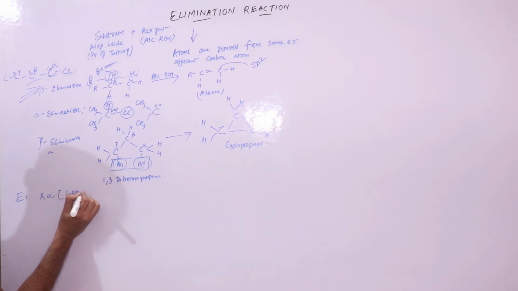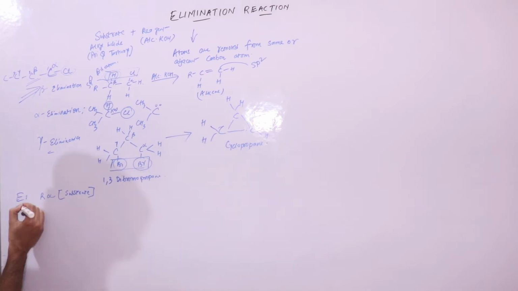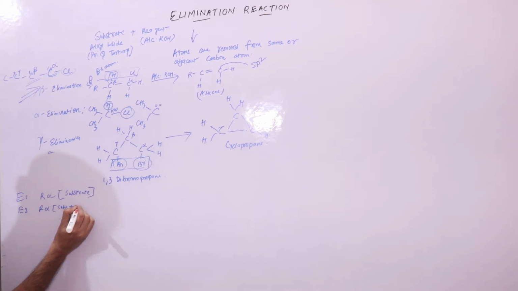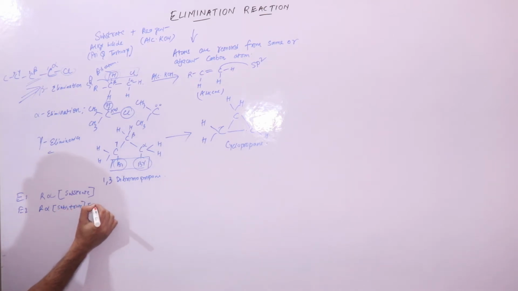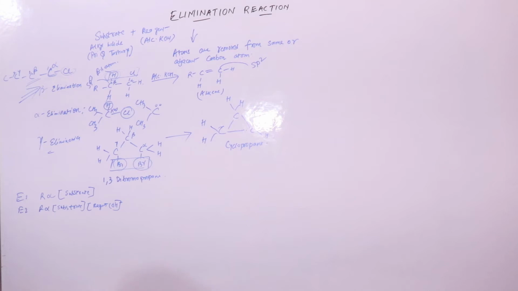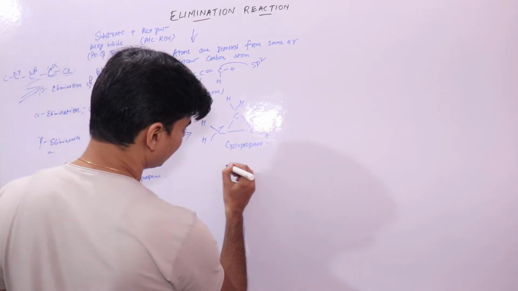We'll see what we mean when we say the rate of reaction depends on the substrate molecule only. And in E2, the rate of reaction depends on your substrate molecule and your reagent, which is OH in this case. Now let's first look into E1 reactions.